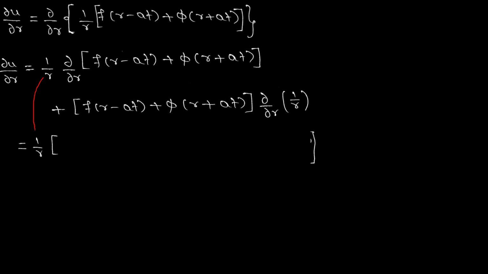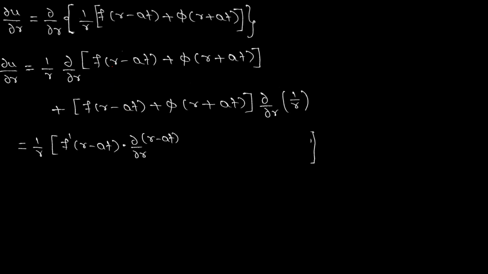One by r as it is, differentiation of f is f dash. When we differentiate this inside function, differentiation of r with respect to r will be 1.